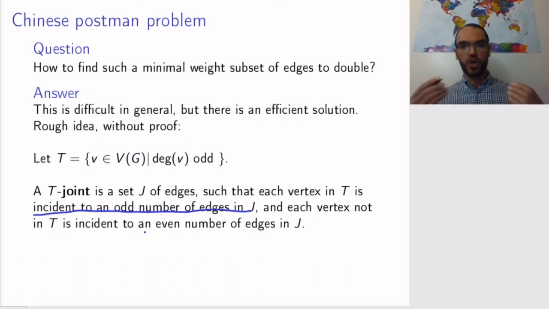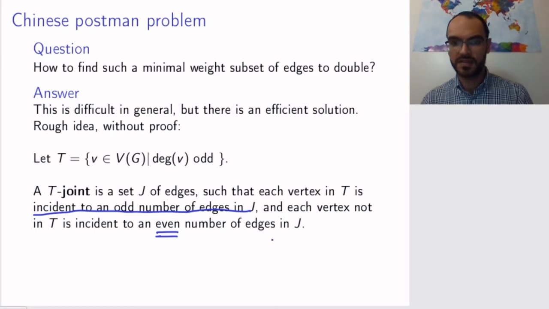Well, the odd degree vertices will have an odd number added to their degrees, so they will have an even number, and the even degree vertices will have an even number added to their degree, so they will still have even degree. So now all vertices have even degree, and my graph is assumed connected, otherwise the problem is pointless. Now my graph is Eulerian.